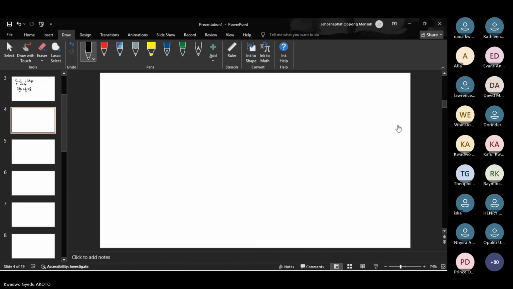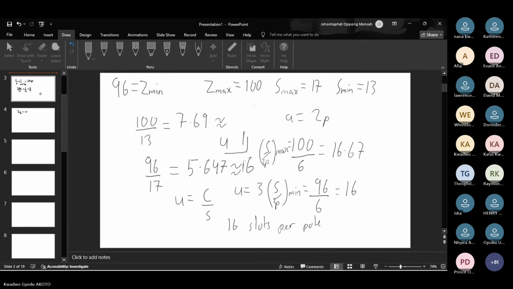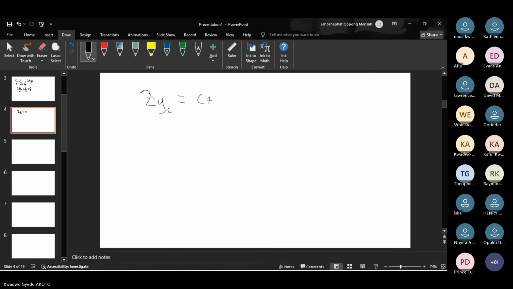So we know that for a simple wave winding, we must obey the relationship 2YC is equal to C plus or minus 1. Wait, it's not 2YC, sorry. All right.